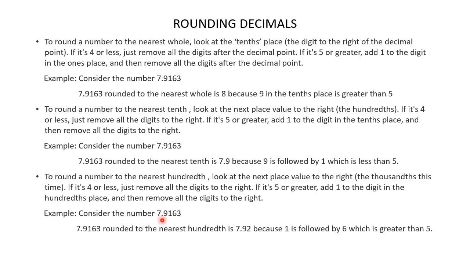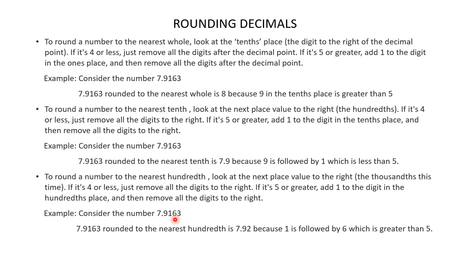Look at this number 7.9163. Now to round this decimal number to the nearest hundredth, you have to look at the digit in the thousandths place. Here the digit in the thousandths place is 6. 6 is greater than 5.